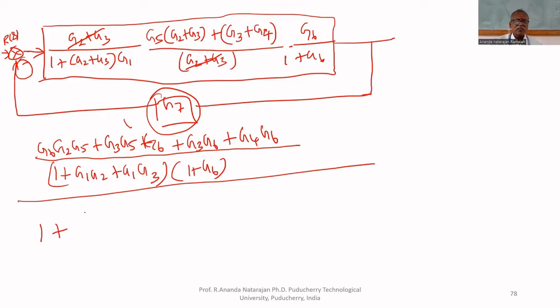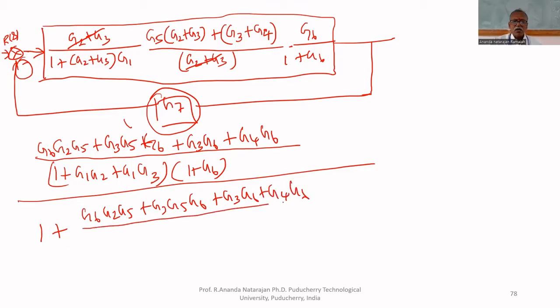We have to write as such: G6, G2, G5 plus G3, G5, G6 plus G3, G6 plus G4, G6 upon 1 plus G1, G2 plus G1, G3 multiplied by 1 plus G6 multiplied by what is in the feedback, G7. Now, if we take LCM, these two will get cancelled and the 1 plus 1 becomes this denominator part. So we can write one more step.